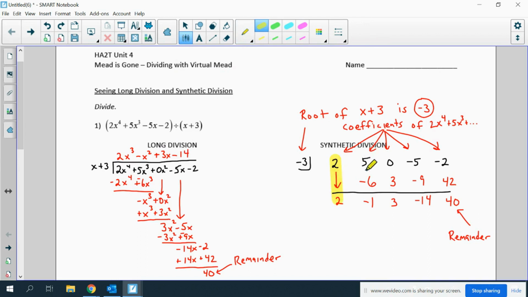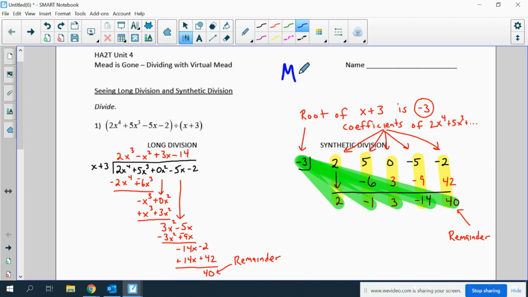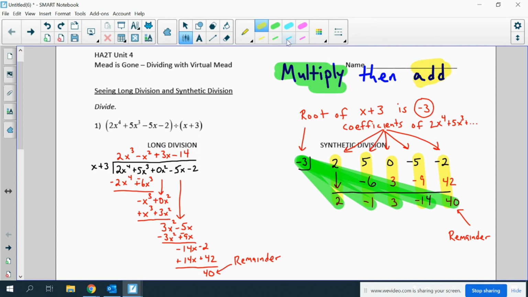And then I continue to do this. I pull the number down, so that 2 goes down. Then I multiply by the number in the box. All of the green highlights are multiplication, and then I add down. So I multiply -3 by 2, and I put a -6 in that next column.